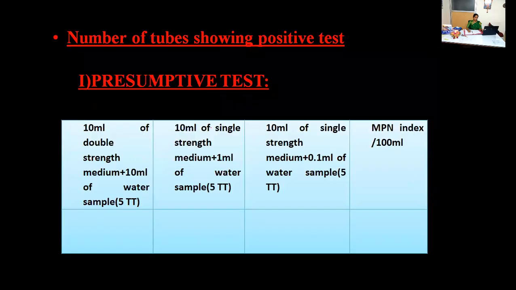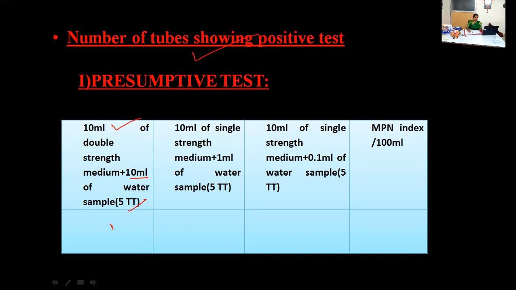After doing that, we keep it in the incubation. After 24 hours, you go for this particular observation. Here you need to check the number of tubes showing the positive result. First, we took 10 ml of double strength medium plus 10 ml of water, in 5 test tubes. In the 5 test tubes, how many gave the positive result?